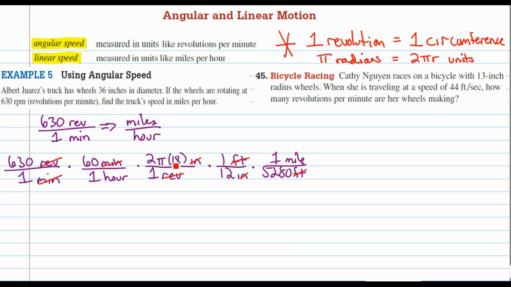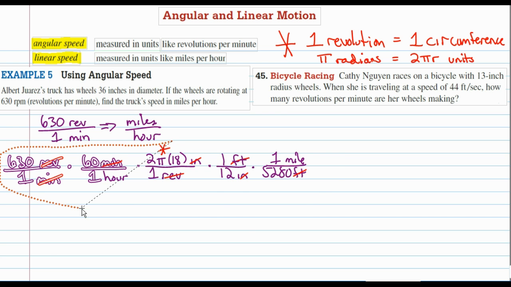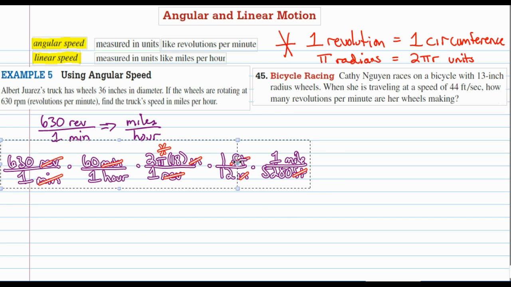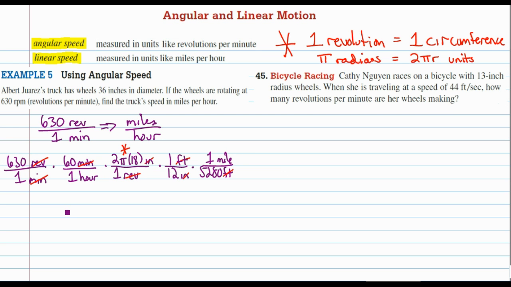I need to multiply all the numerator together and then multiply all the denominator together. Make sure you remember pi, because that seems to be a very common mistake among students: when you're typing all this stuff in your calculator, you forget to put pi in the numerator. I get that Albert's car is traveling at 67.47 miles per hour.